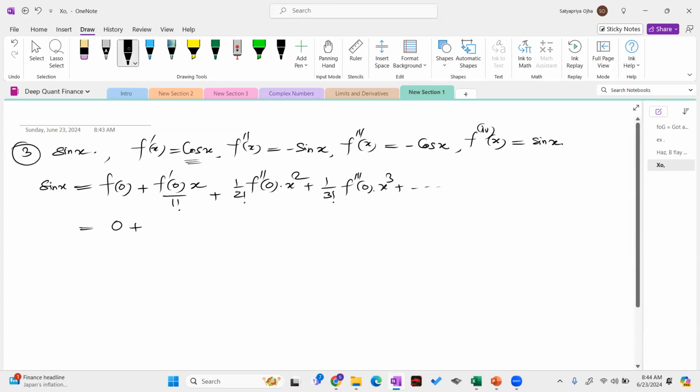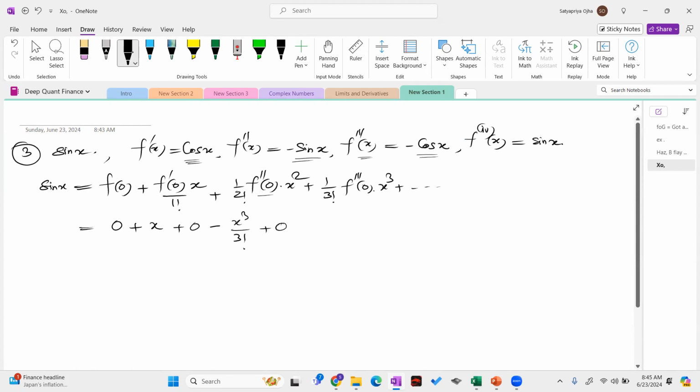Then cos 0 is 1. So this is x. Then minus sin 0 is 0. So there's no x square term. X cube, triple derivative, minus cos 0 is minus 1. So minus x cube by 3 factorial, plus it'll become 0.